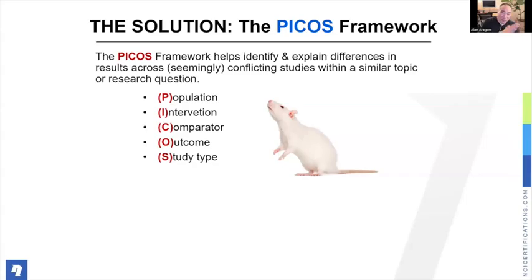The strength of observational research is that you can look at large populations for long periods of time and you can examine endpoints that are pretty much unfeasible to examine in randomized controlled trials.